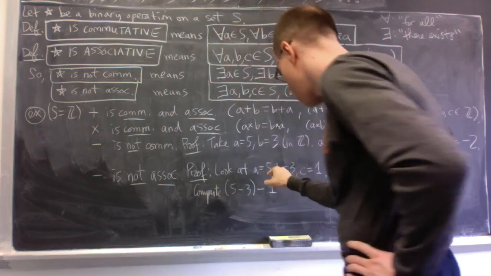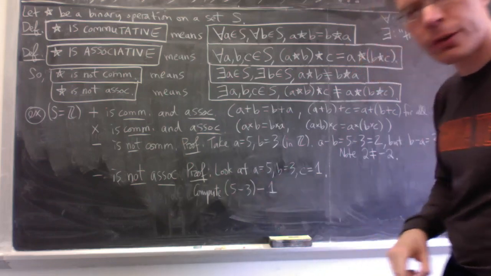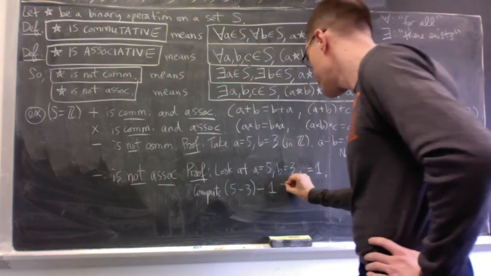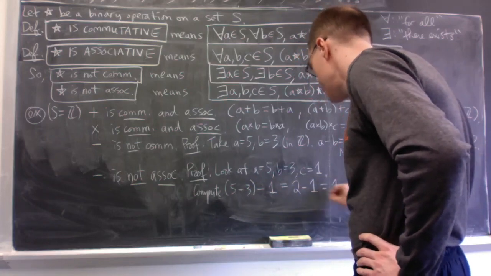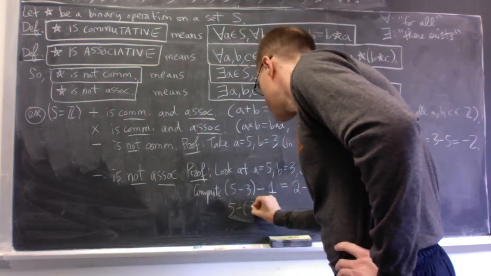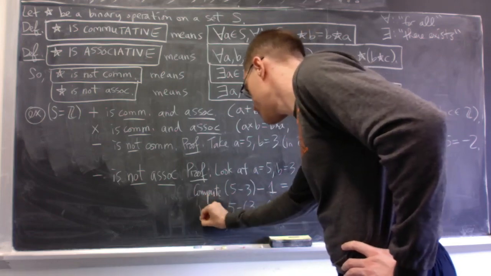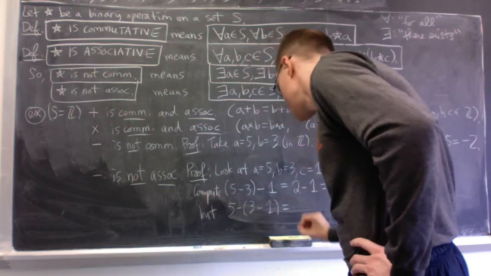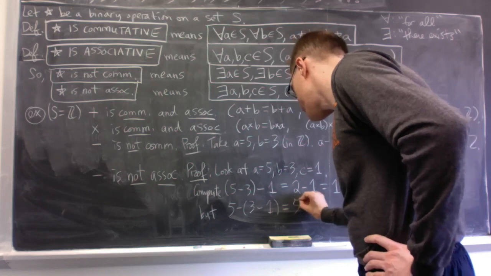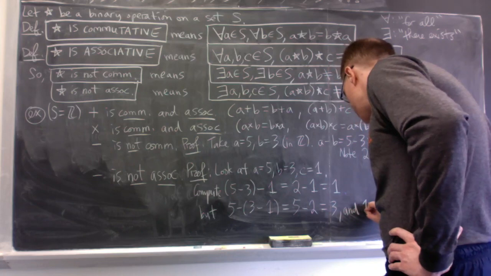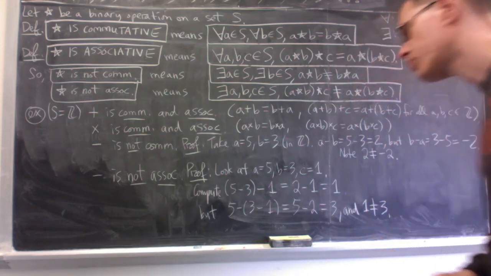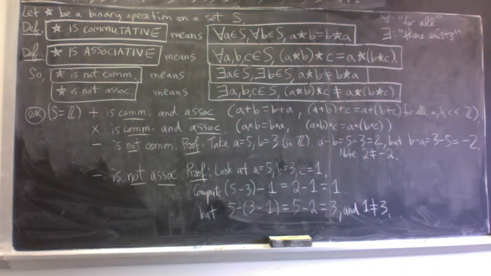And here, it's always going to be 5, 3, 1, but the parentheses are in 2 different places. So 5 minus 3, which is 2, and I subtract 1, I get 1. But if I move the parentheses to the other position, now it's going to be 5 minus 2, which is 3, which is not the same answer. All right? So it's definitely possible to not work.